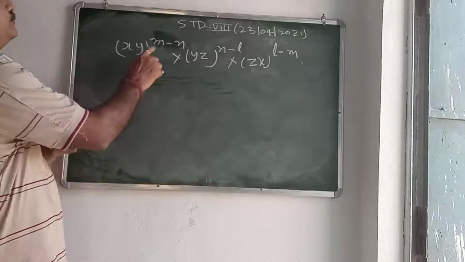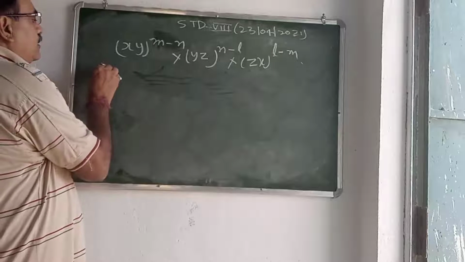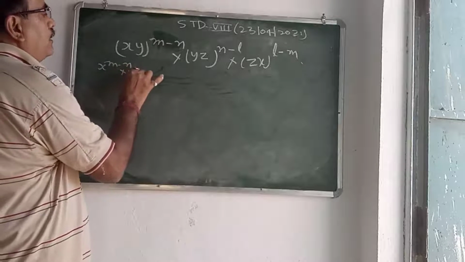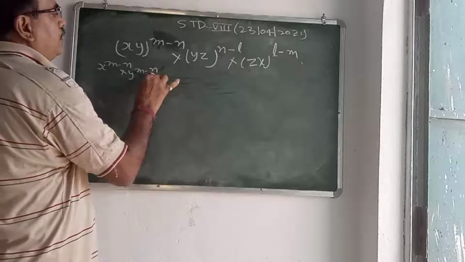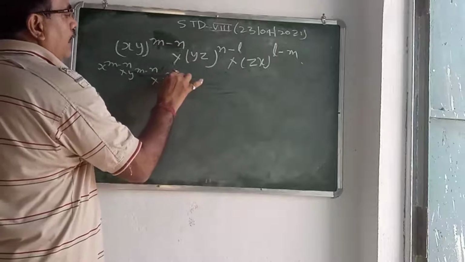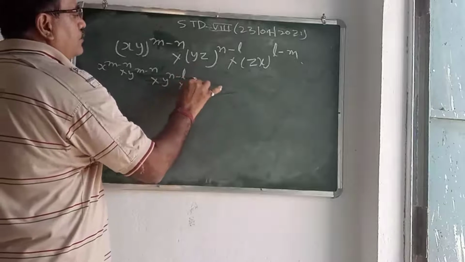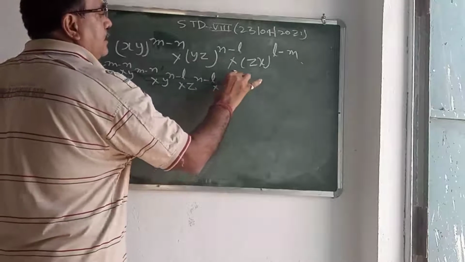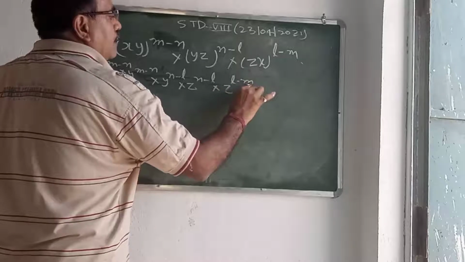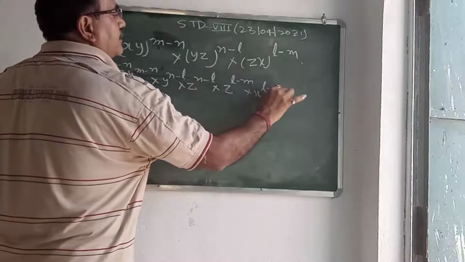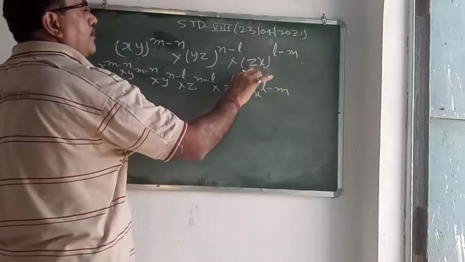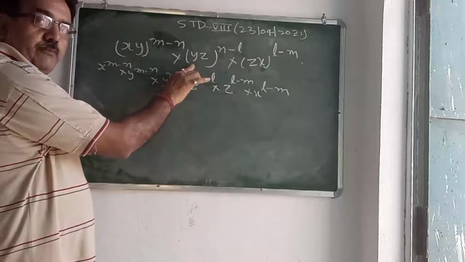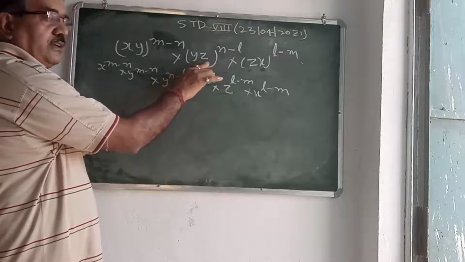Okay. So x^(m-n) into y^(m-n) into y^(n-l) into z^(n-l) into z^(l-m) into x^(l-m). l minus m is the power on z as well as on x. Similarly, n minus l is the power on y as well as on z.